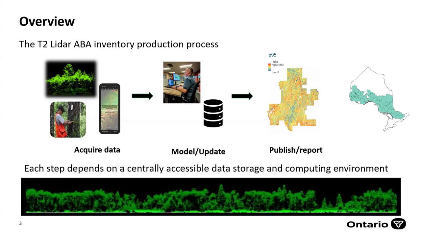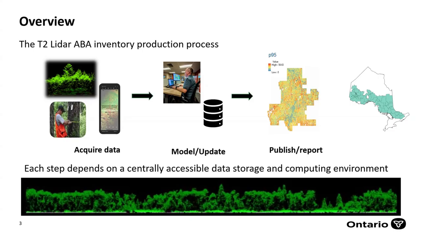Once the data is brought into our system, you have to go through a modeling process, running the ABA modeling structure prediction process, which allows us to assign standard structure attributes to our polygonal stand inventory data set.